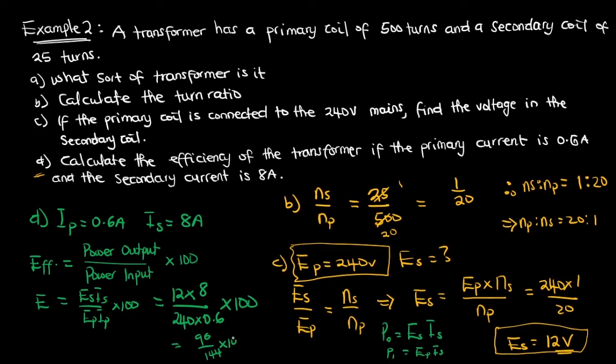Then all of this multiplied by 100 will give us a percentage of 66.67%, right? So it means that the efficiency of the transformer is this. But if you were asked to convert it to the nearest whole number, then this becomes 67% efficiency for the machine.